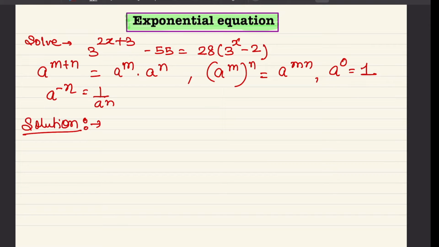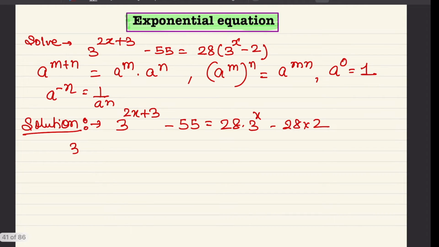We will try to break this equation into the form of a quadratic equation so that it will be easy to solve. Now 3^(2x+3) can be written as 3^(2x) into 3^3. We have used this rule: a^(m+n) will give you a^m into a^n.